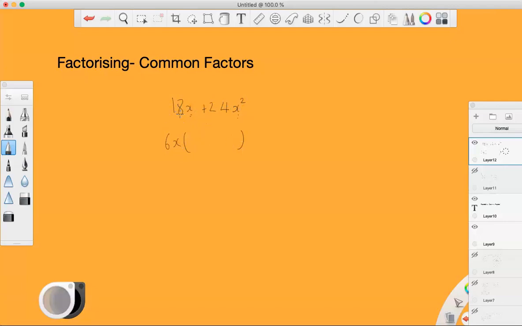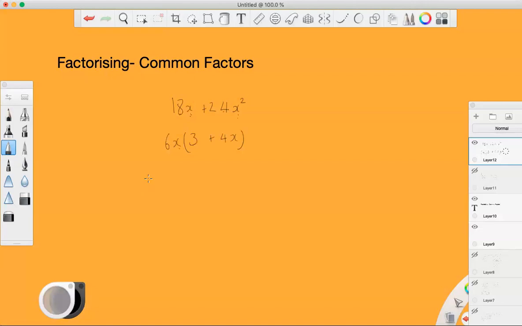Let's look at the coefficients. 18 divided by 6 is 3. x divided by x is 1, so there's no x term there. 24 divided by 6 is 4. x squared divided by x is just x. So that's how we factorise that one.